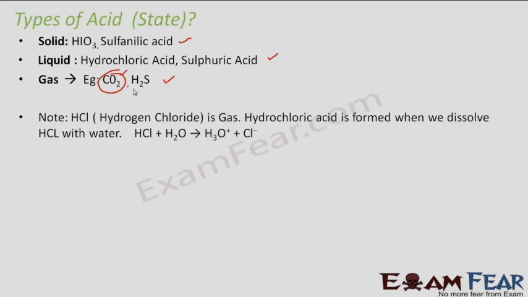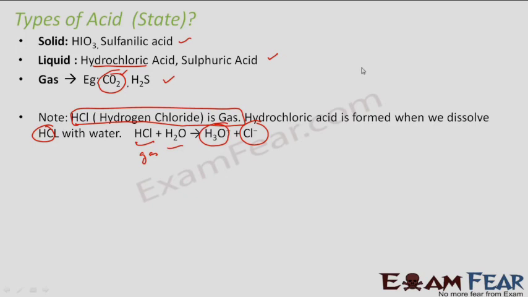Here we have to note that HCl is a gas actually. Hydrogen chloride is a gas, right? But hydrochloric acid, both are different actually. Hydrochloric acid is formed when we dissolve this HCl gas in water. If you see this reaction, you have this gas, you have water, you react, and you get H3O plus and Cl minus.